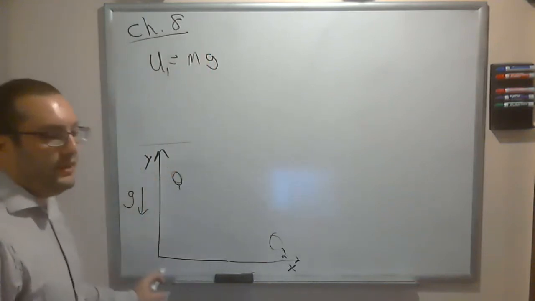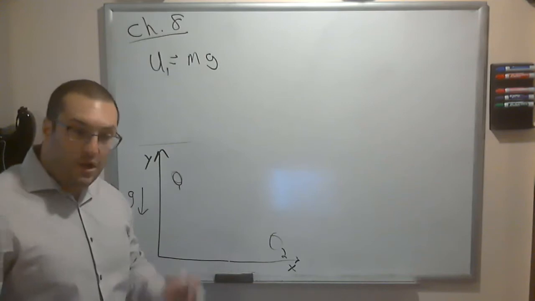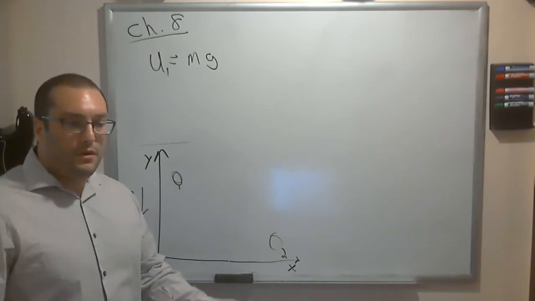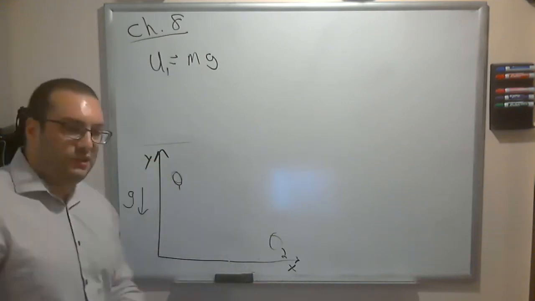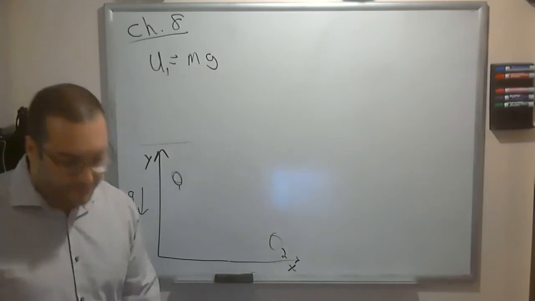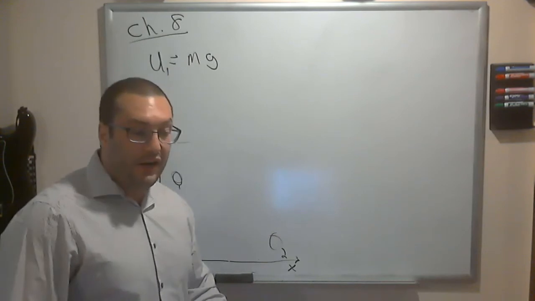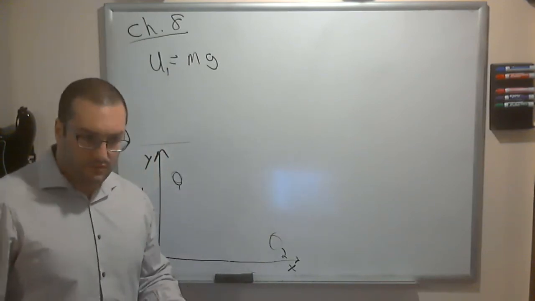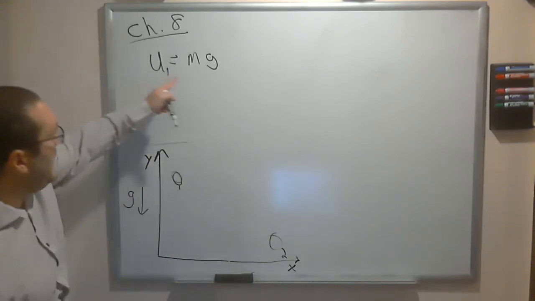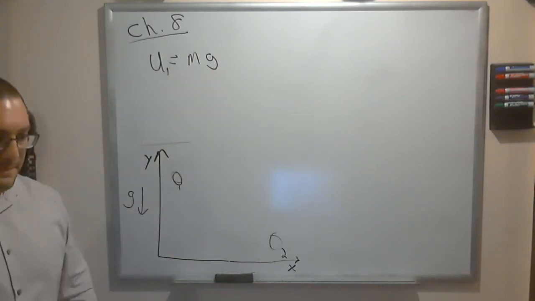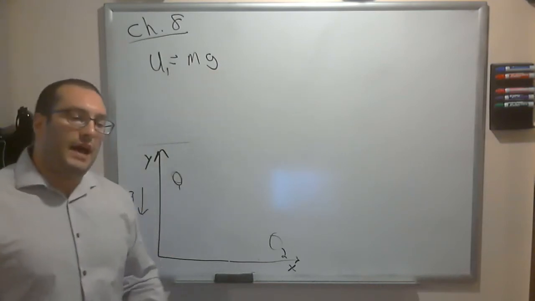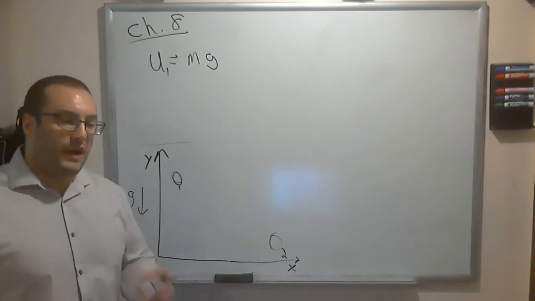Now, how do we define the height? Do we define it from the center of the earth, from the floor that we're standing on, from sea level? How do we define the height that it's at? For right now, we could just use a relative measurement.